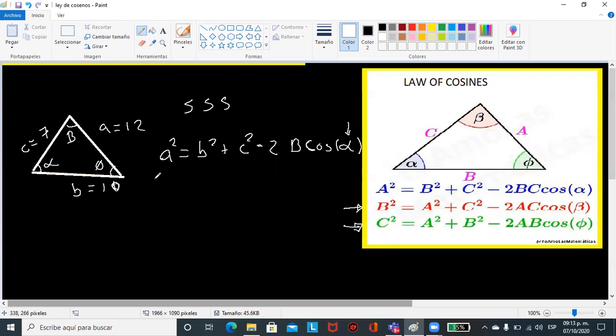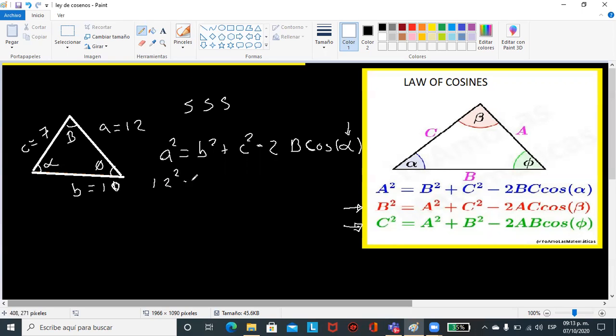Okay, so now let's put in the data. A squared is equal to B squared plus C squared minus 2BC cosine of alpha. Oh, sorry, A is 12.